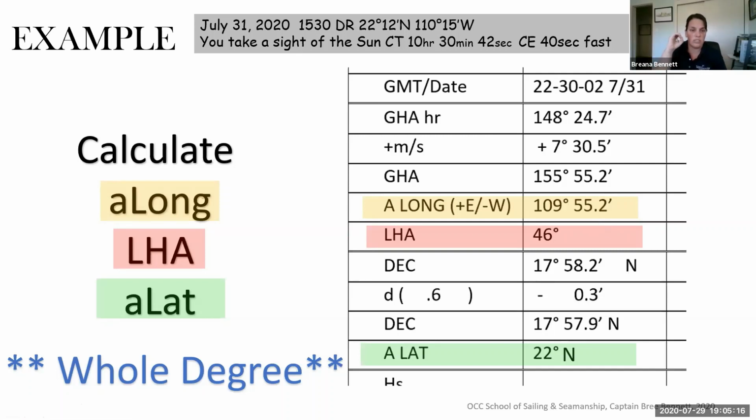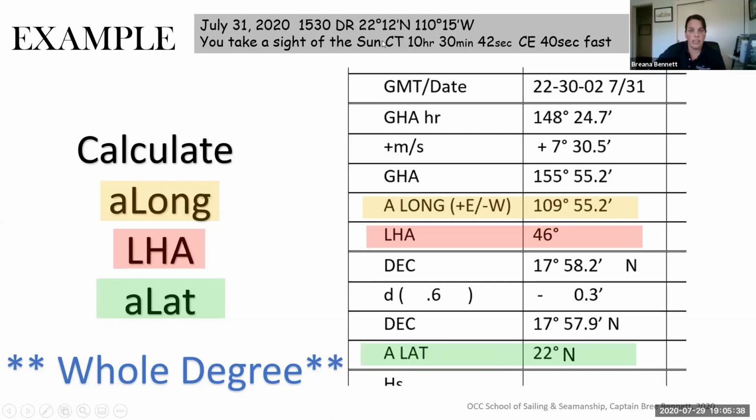That's my goal, the whole degree. So your assumed longitude is getting you to the whole degree. So then we have a calculated LHA, and we have an assumed latitude by going to the whole degree.